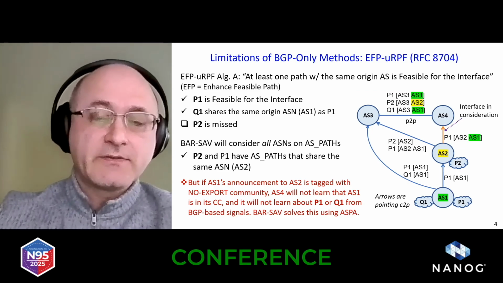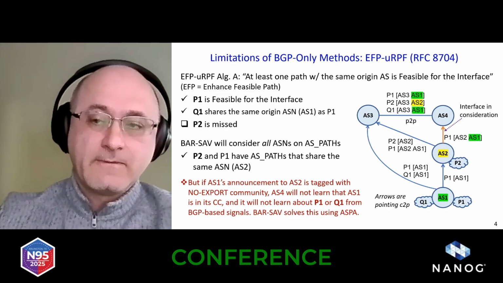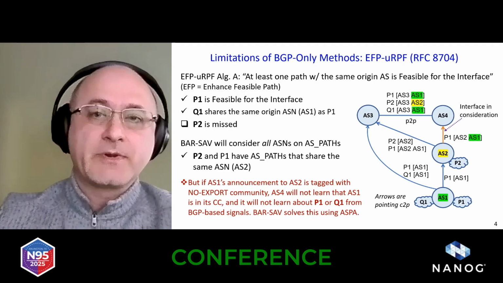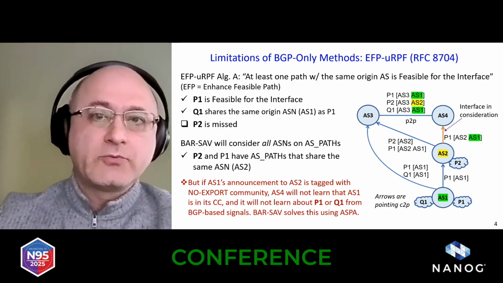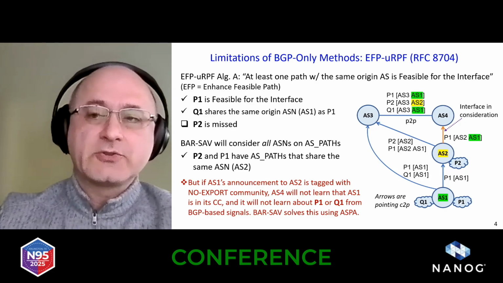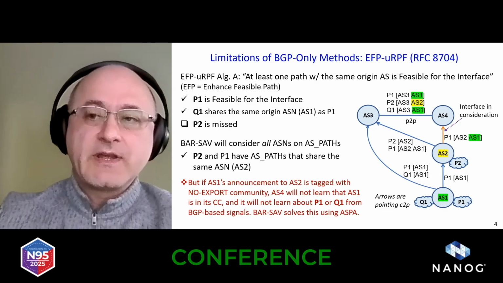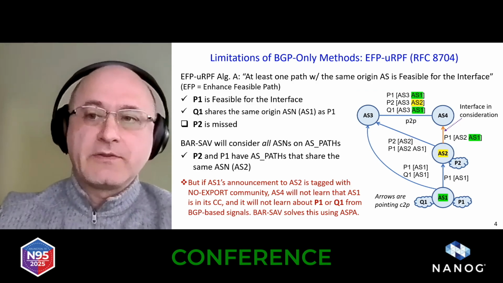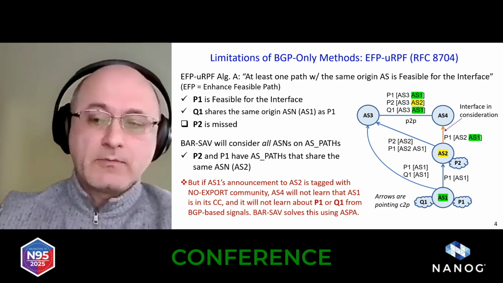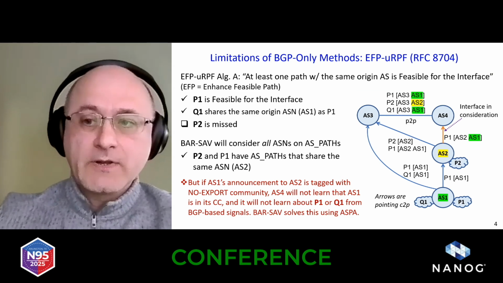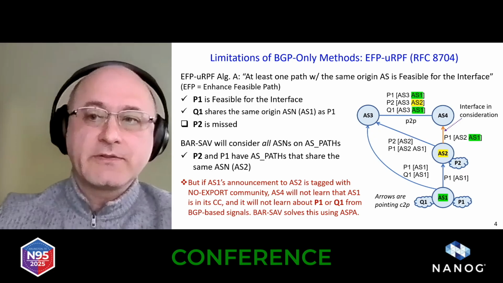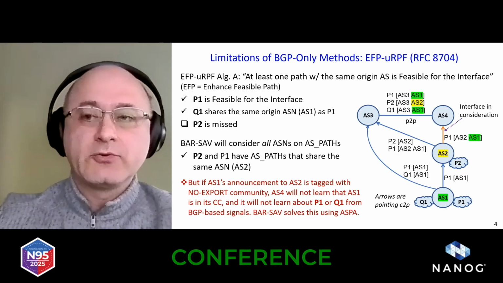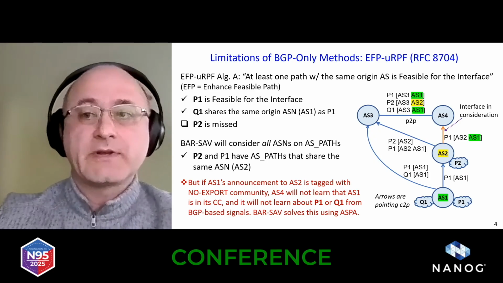What it says is a prefix should be considered valid as a source prefix on an interface if there is at least one prefix that shares the same origin AS number that is feasible on this interface. So let's look at an example here. We have AS1 that has two providers, AS2 and AS3. AS2 also has AS3 as a provider. It also has AS4.